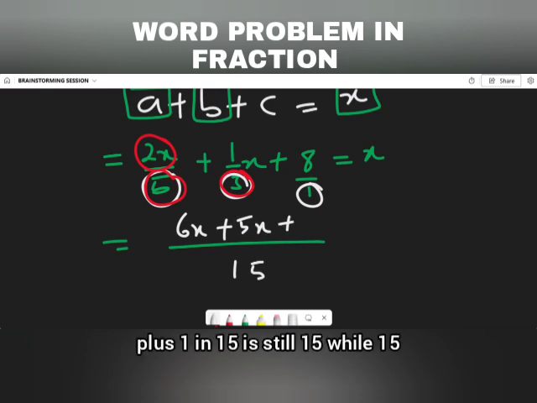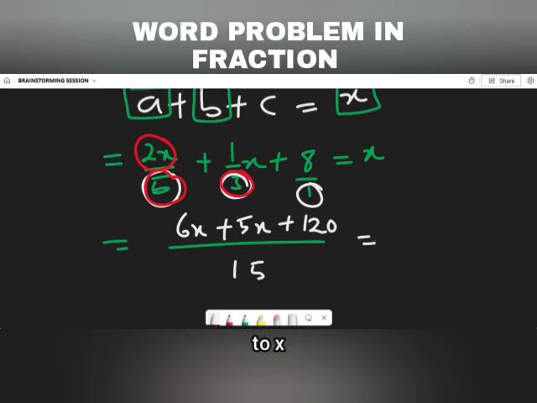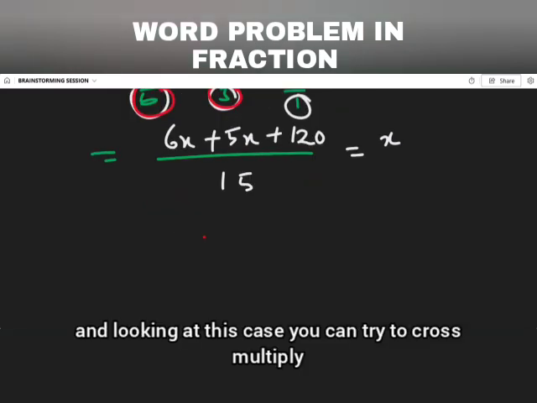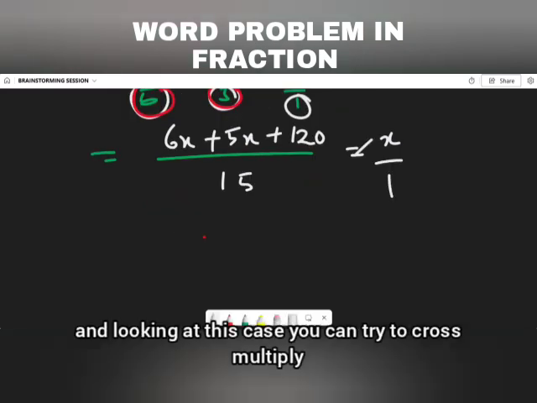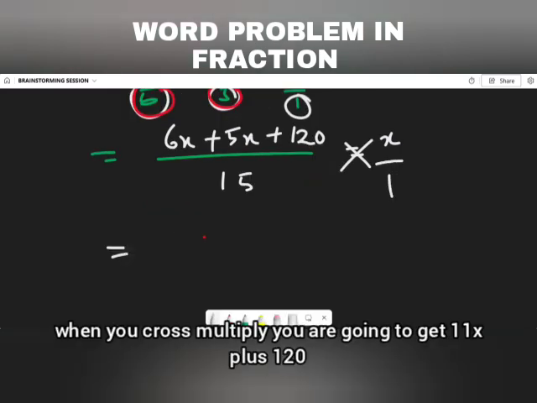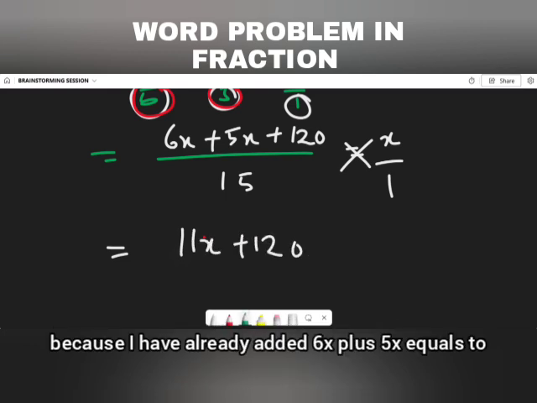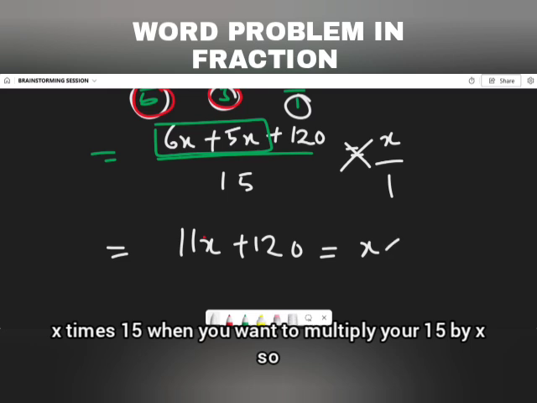Plus 1 in 15 is still 15, while 15 times 8 will give us 120 equals to x. Now looking at this case, you can try to cross multiply. When you cross multiply, you're going to be left with 11x plus 120, because I've already added 6x plus 5x, equals to x times 15.